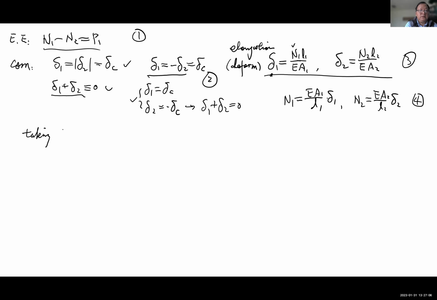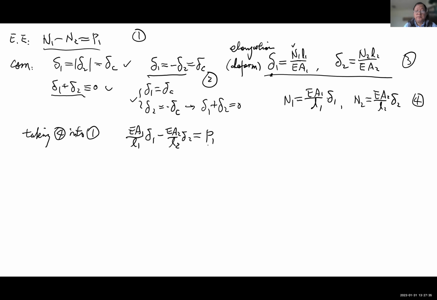So taking 4 into 1, what do we get? N1 is E A1 over L1 times delta 1, minus N2, which is E A2 over L2 times delta 2, and that equals P1.